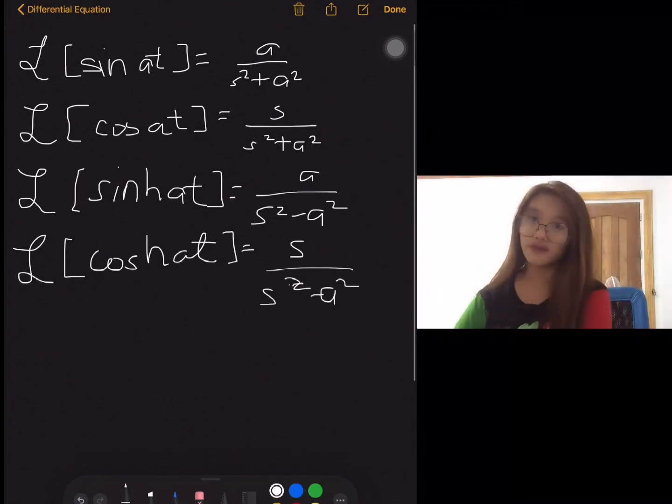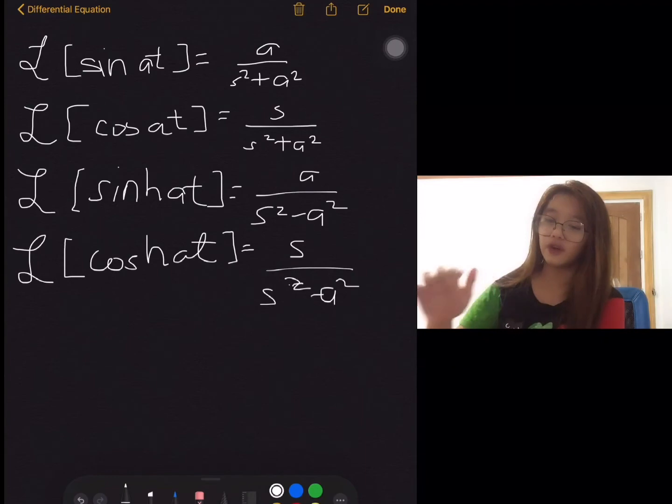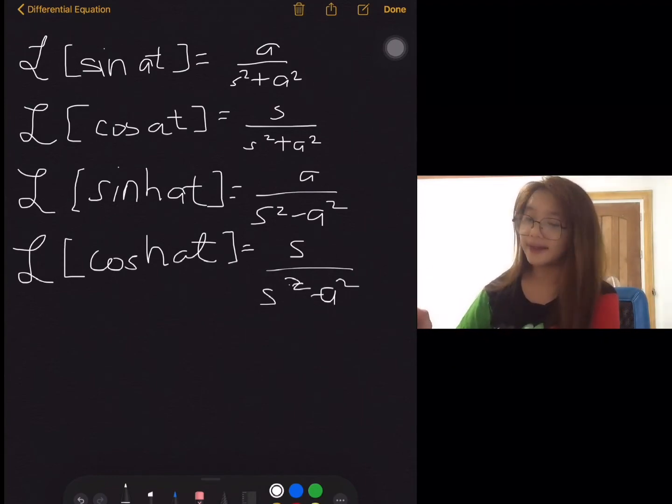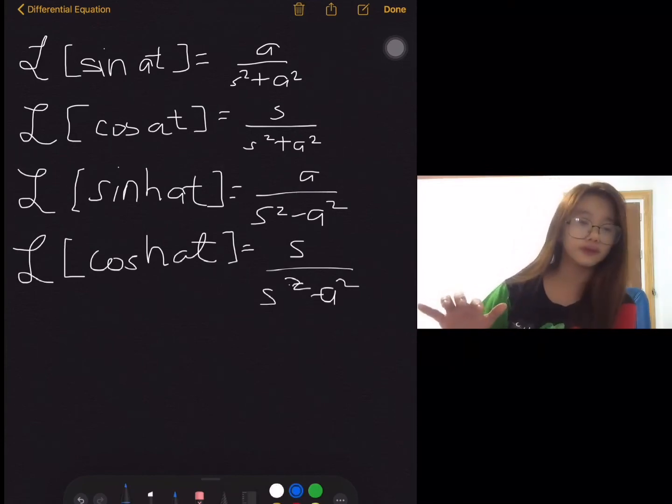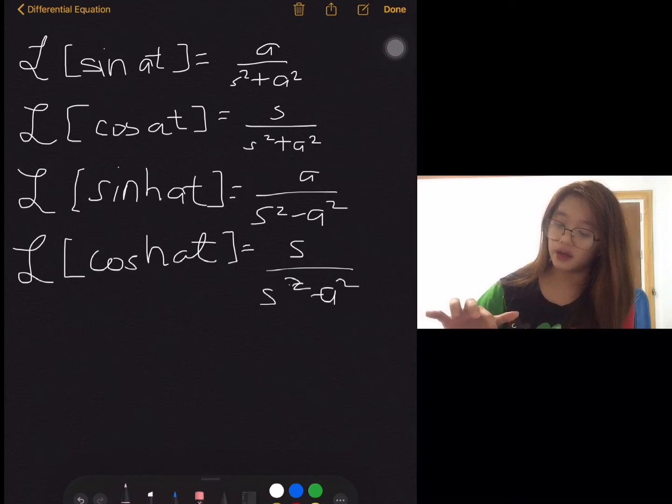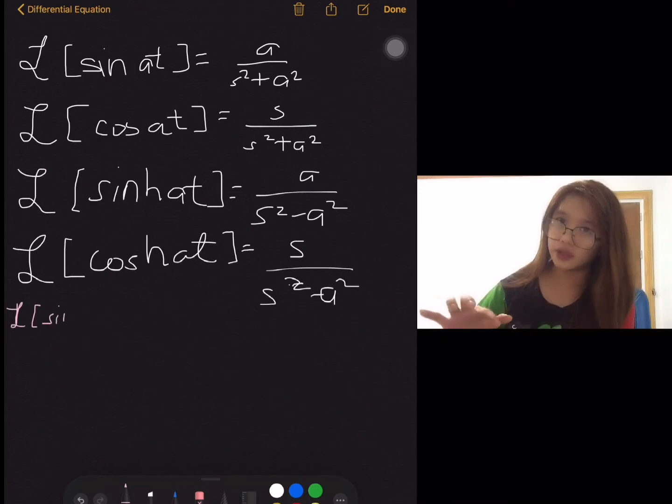Okay, now let's have some examples, first for sine and cosine. Let's get the Laplace transform of sine 3t.